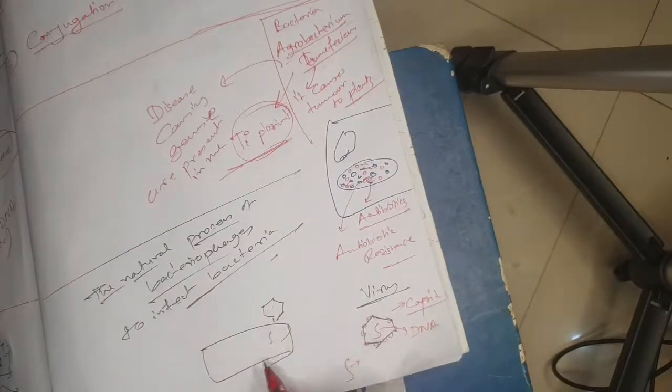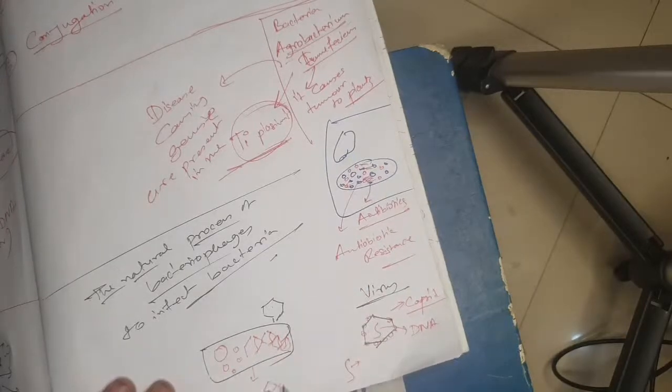When this DNA is injected in, it uses the bacterial host machinery and enzymes to multiply copies of this DNA and express them. Then new viruses will be made, and these viruses will lyse the cell, come out, and infect new bacteria.